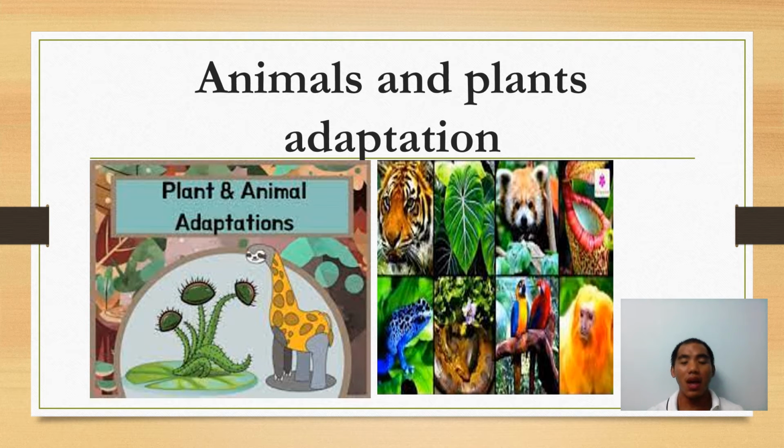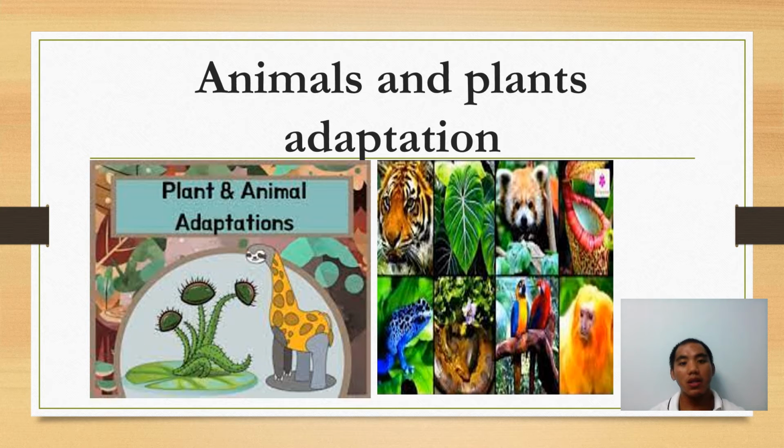Now let's have our first lesson in science, which is about animals and plants adaptation. When we say adaptation, it talks about the special features of animals or plants or any other living things to adapt to their environment.